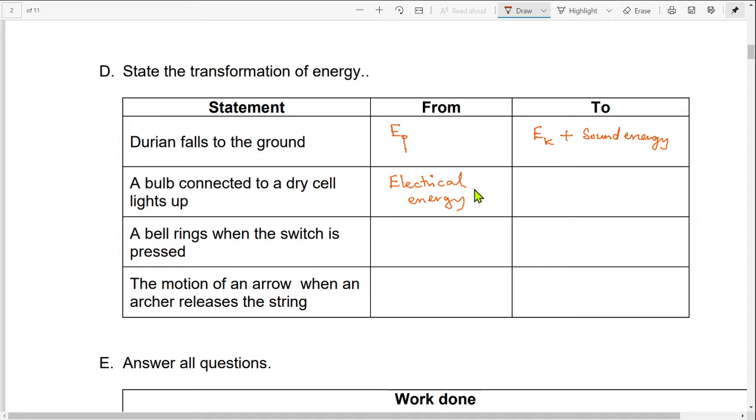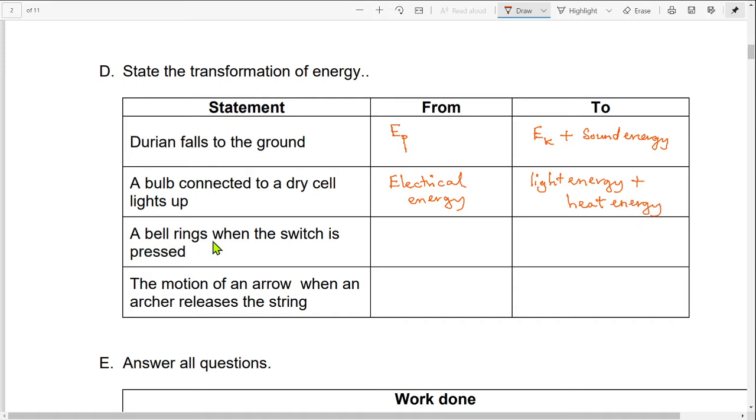So lights up the bulb, meaning to say that the electrical energy will be transformed into light energy, correct? But at the same time, it is also being transformed into heat energy. That's why when we hold a bulb, we can feel the heat.